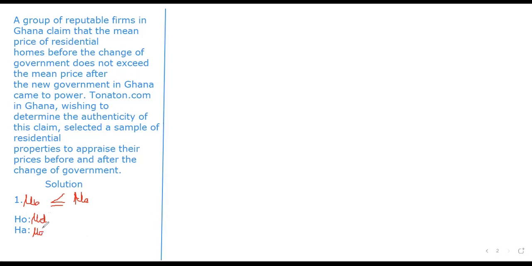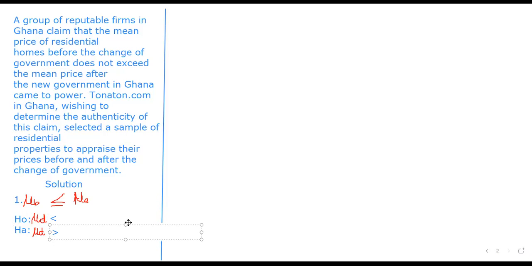Always, this one is also mu d. So when you see this sign, less than or equal to, we know that is the null hypothesis. And this one is greater than.